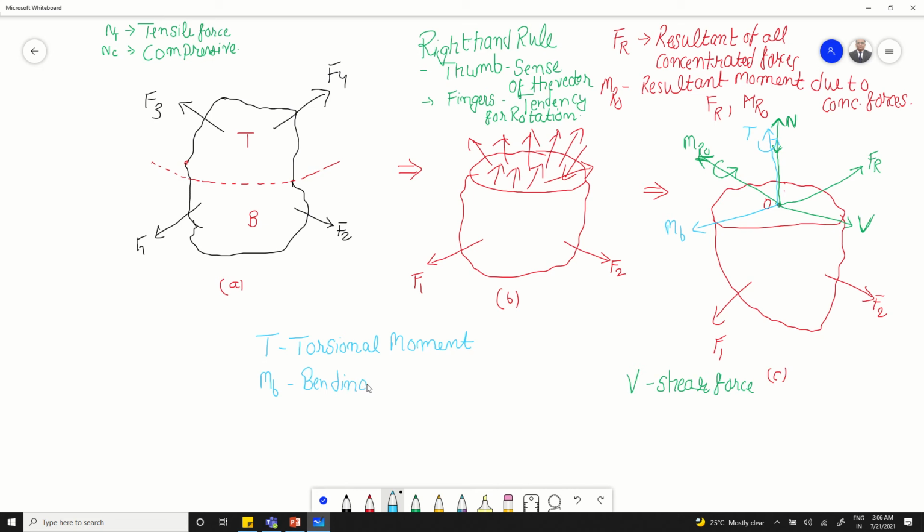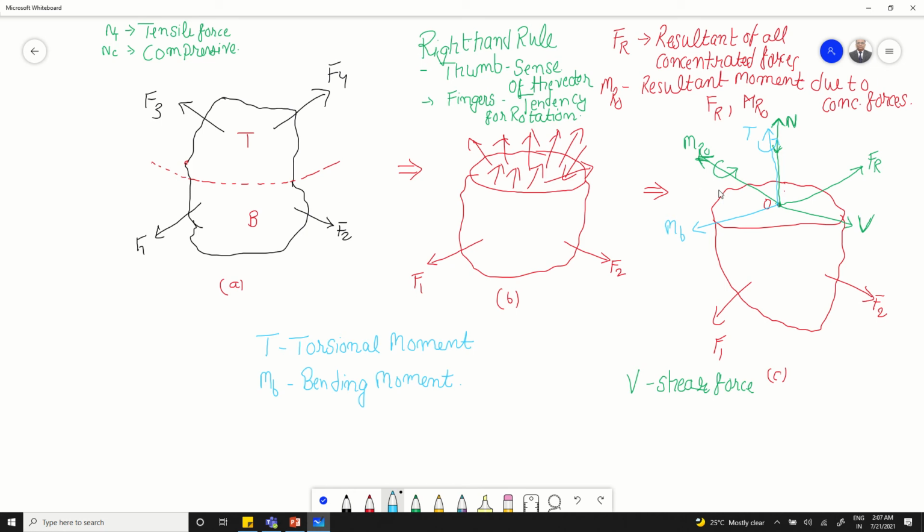See, the twisting which occurs due to the torsional moment will always be perpendicular to the area considered, whereas the bending moment is caused by the external loads that may tend to bend the body about an axis lying in the plane of this exposed area.